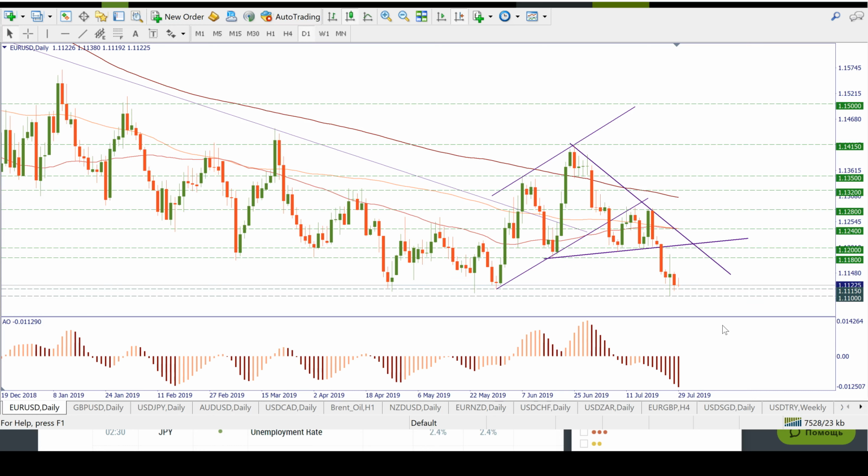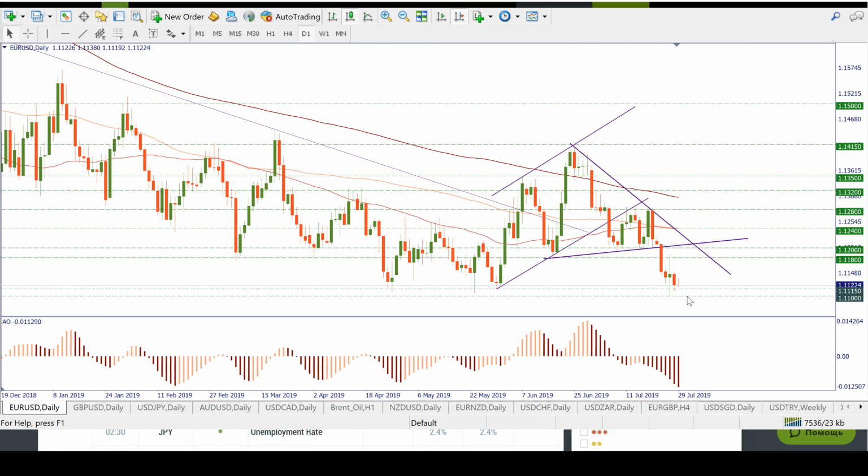We will see them in case there is a break below 1.11. But notice that surely we will need to see a close on the daily basis below 1.11 to witness further movement to the downside.